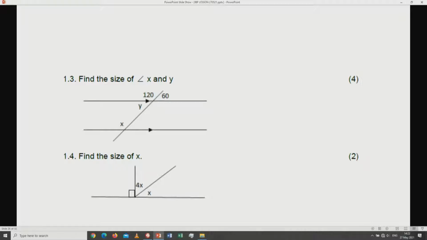In maths, whatever you are given, you are going to make use of. I see 120 degrees and 60 degrees. That tells you it's a straight line already. Now, what's the relationship between 120 and Y? What is the relationship between Y and 60?